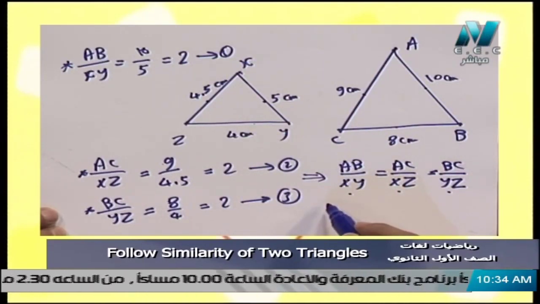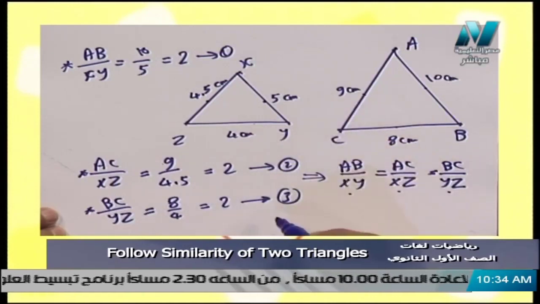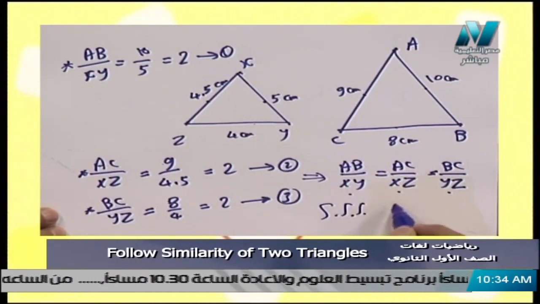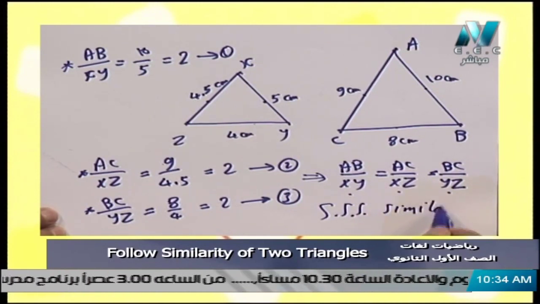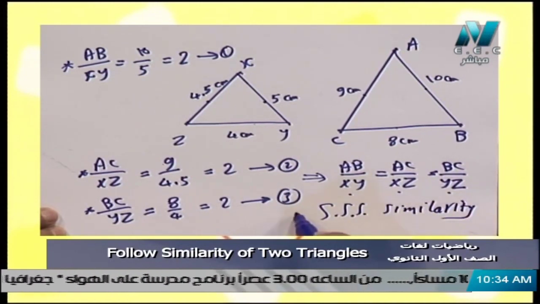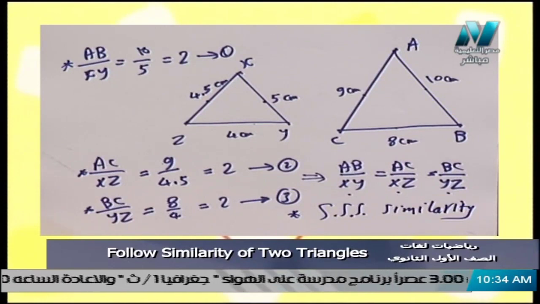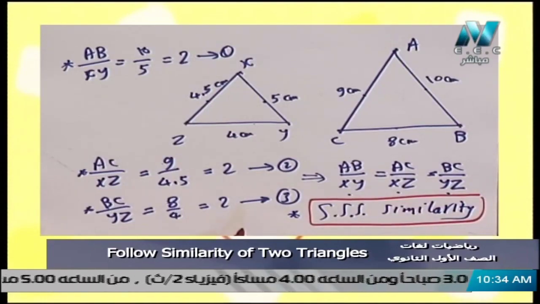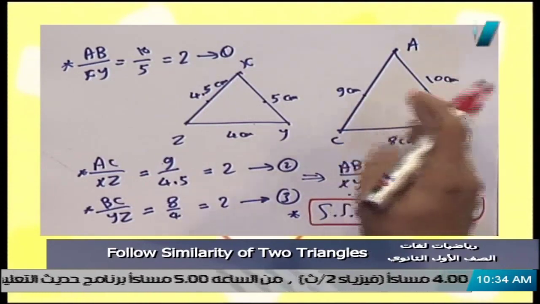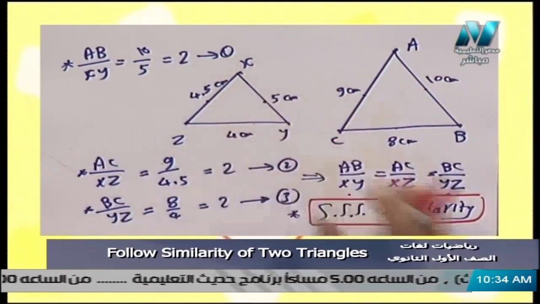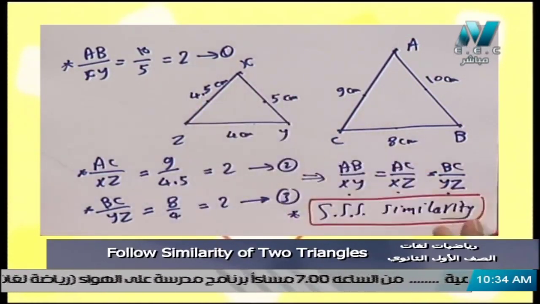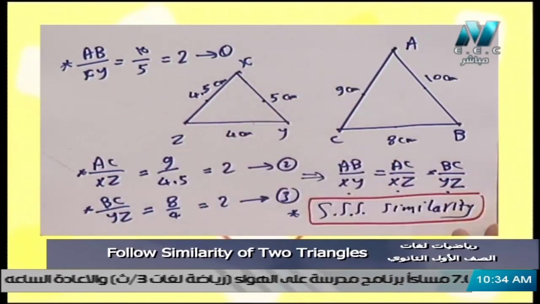So we can say that the two triangles here are similar because of SSS similarity, which is the second case of similarity. SSS similarity deals with the three sides of the first triangle corresponding to the three sides of the second triangle.